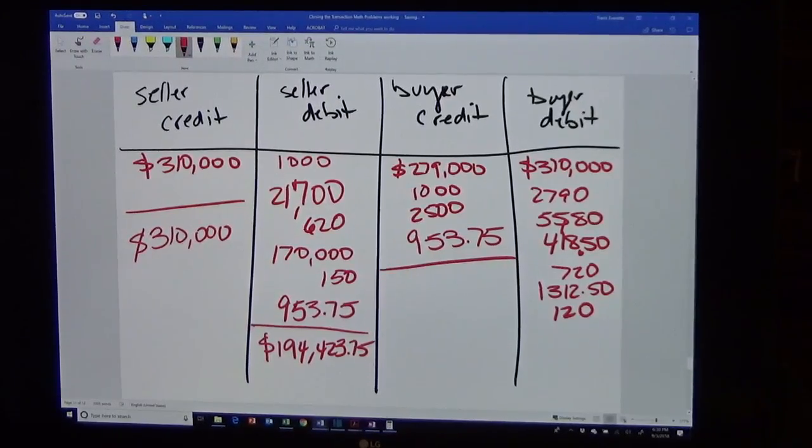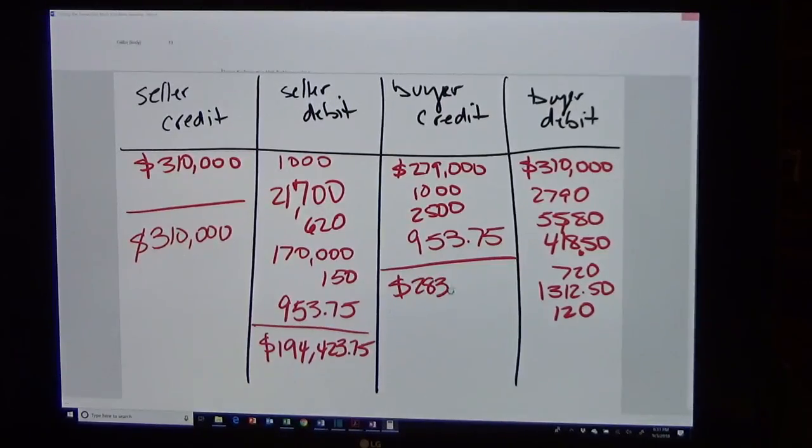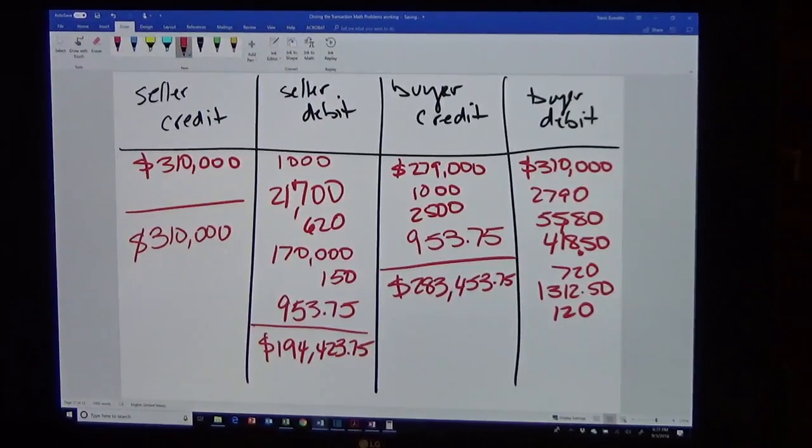Buyer credits, I'm going to total those up. $279,000 plus $1,000 plus $2,500 plus $953.75 equals $283,453.75.